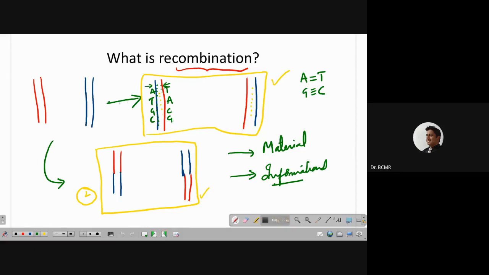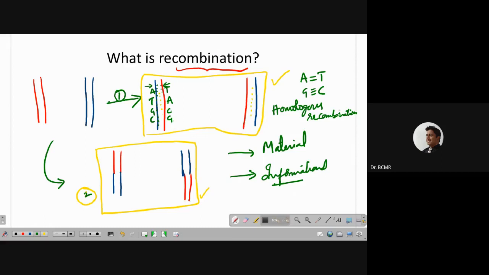So we had these two types, type 1 and type 2 ways of recombination. When you want to have strand exchange, we need bases to be complementary, or we should say we need them to be homologous. The first way is homologous recombination, when you have exchange of DNA strands because of homology.